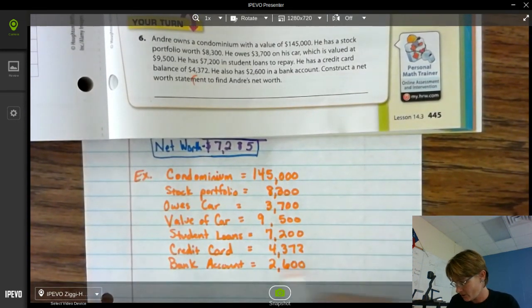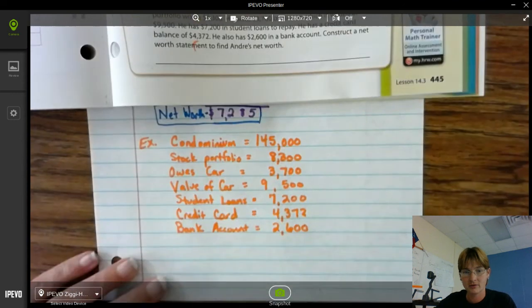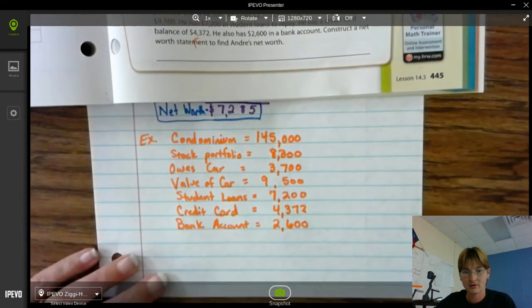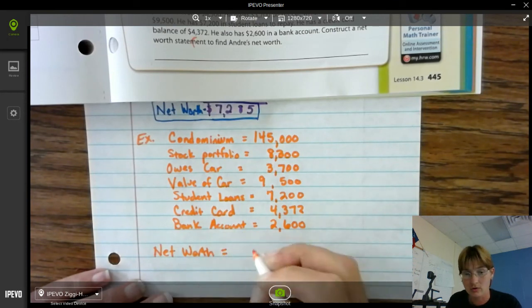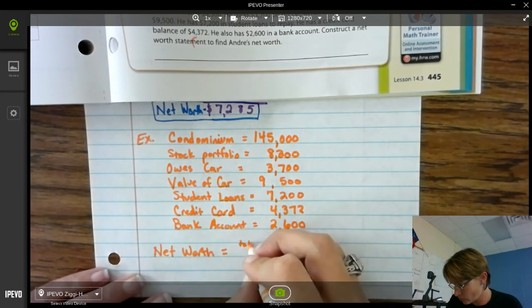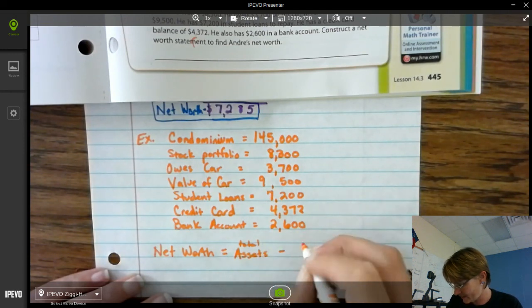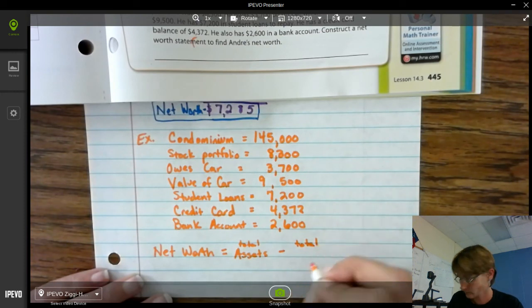So you're going to construct a net worth statement to find Andre's net worth. Remember, your net worth equals your total assets minus the total liabilities.